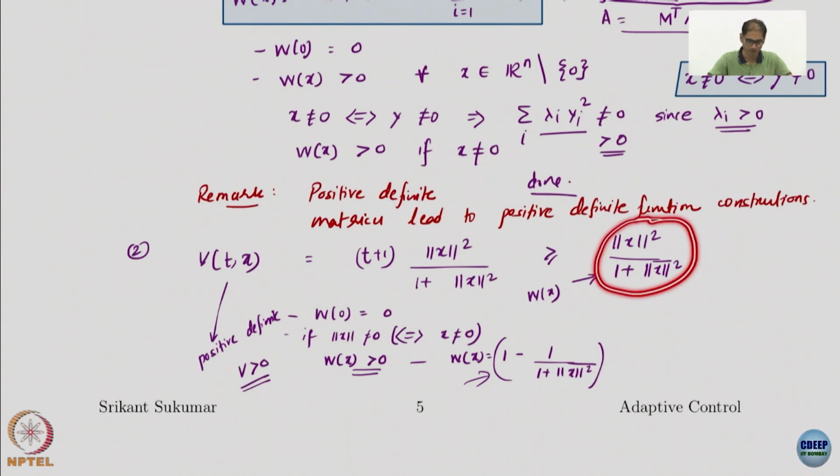So therefore V(t, x) is dominating a positive definite function. I did not have to find any class K function to dominate again. Of course in this case this is also a class K function, but even if it is not the case, we do not have to worry about it.